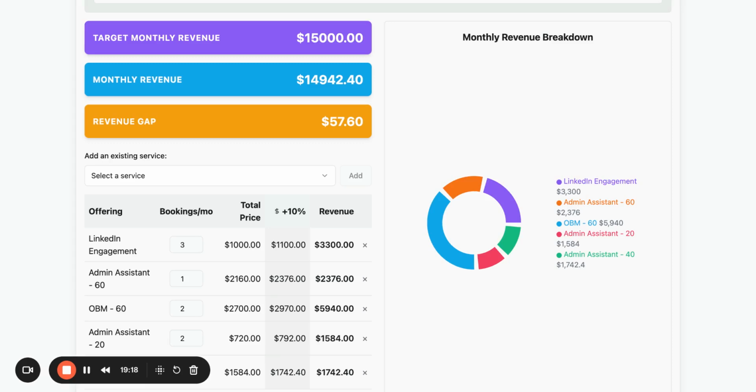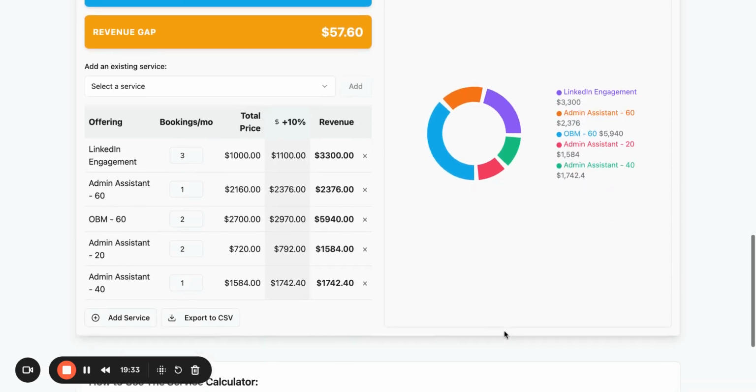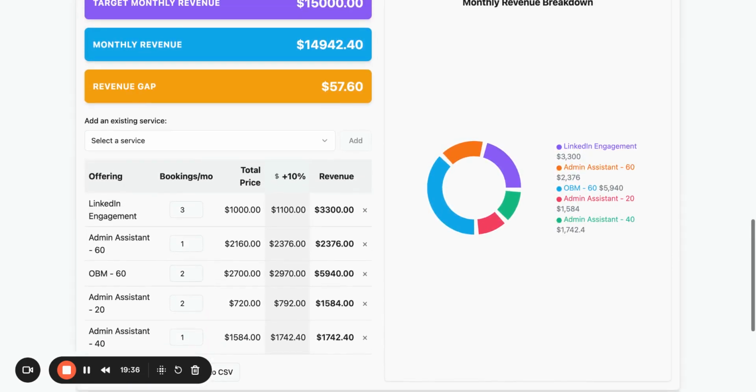And that number right there always feels way more doable than when I look at, oh my gosh, I'm at 8K and I want to be at 15K and I don't know how to get there. We need to actually make it tangible so we can see what our real options are and which one feels most in alignment with where I'm at right now.